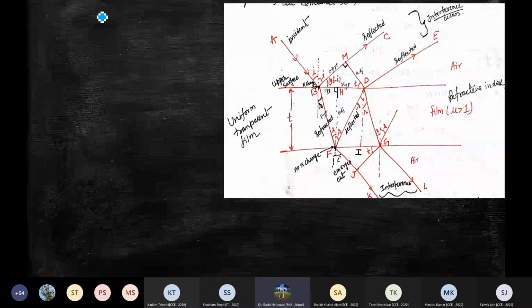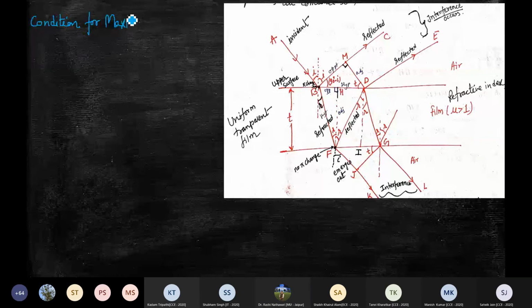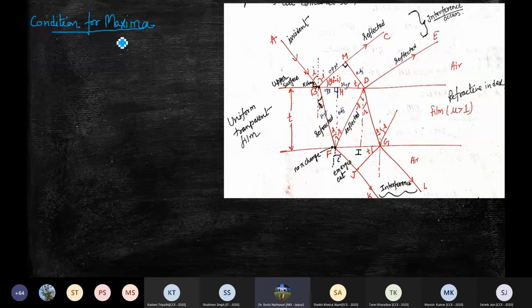It's a very similar thing that we have done. I think now you can calculate very easily. Condition for maxima. Can you tell me what will be the condition for maxima? What is the delta here for maxima?